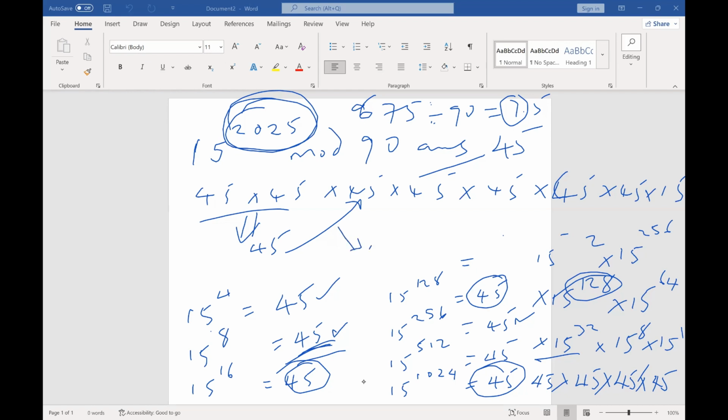This 45 times this 45 mod 90 gives you 45. This 45 times this one mod 90 gives you 45. Now this 45 times 15.